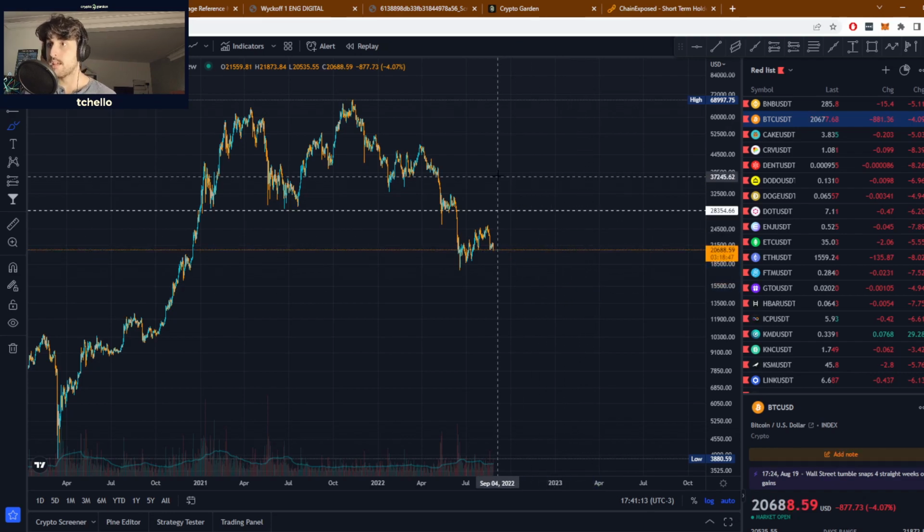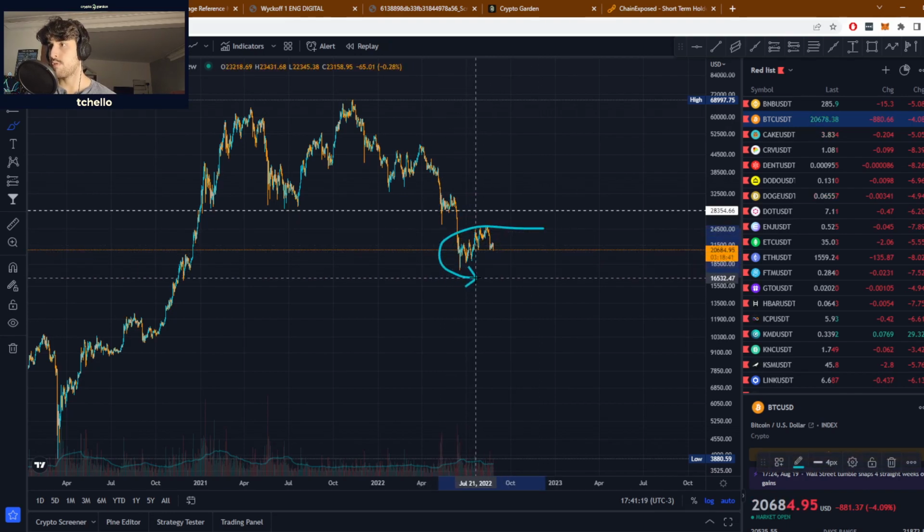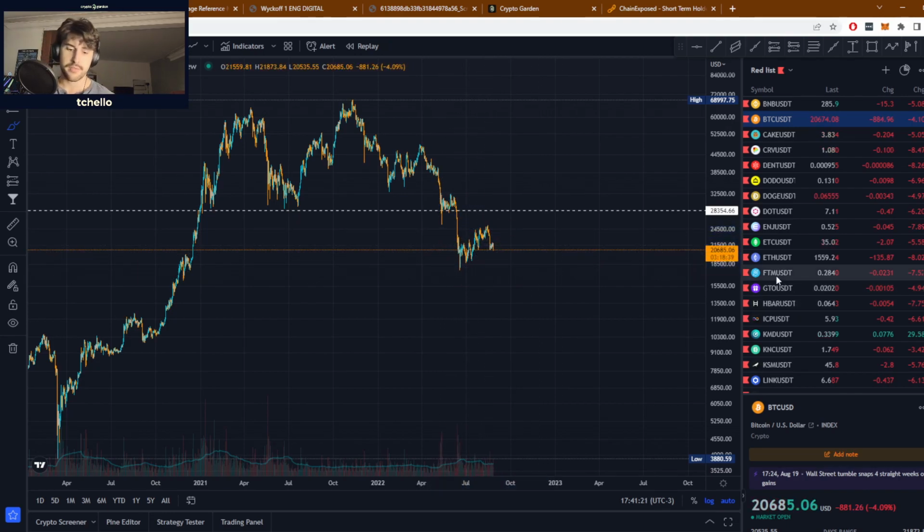But I do think there is a great opportunity to be buying in this zone here, because after all, if you buy at 25K or 15K, the difference is not that big if we go up to say 70K, 80K, 100K. Okay, so this is what I think.